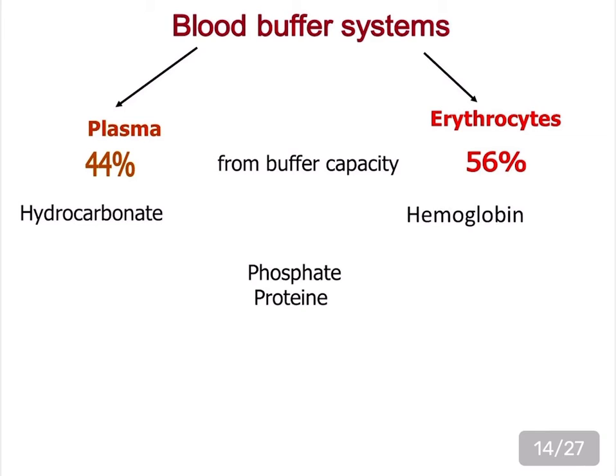In erythrocytes, the most important buffer system is hemoglobin. Phosphate and protein buffer systems are represented in both plasma and erythrocytes. So for the control test, you must know the composition and mechanism of action of all these buffer systems. Let's begin with the most important buffer system, hydrocarbonate.